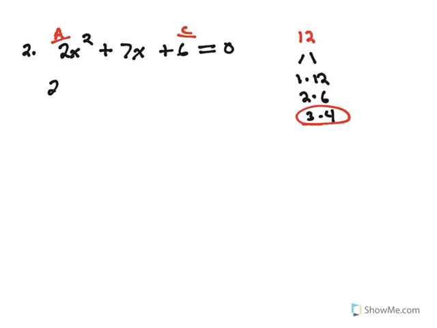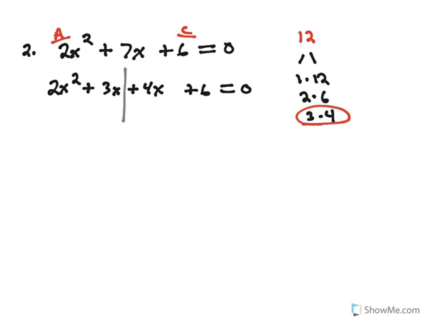So I'm going to write down my first term, write down my last term, leave some space, and write 3x and 4x in the middle because that's the variable I'm working with. Again, they both have to be plus in order for me to get 7x in the middle. Then I do factor by grouping by splitting them down the middle.